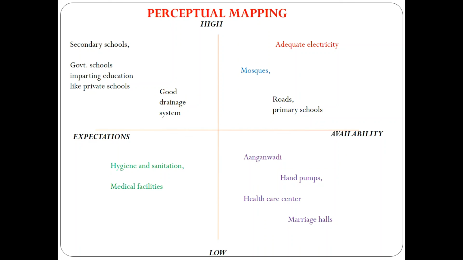They are expecting a secondary school or government schools that can impart good education to their children, and they also expect a good drainage system. And on the low side, they expect hygiene or sanitation and medical facilities also. So that way, this diagram explains their situation, what their perception is, and what are the things which are available to them.